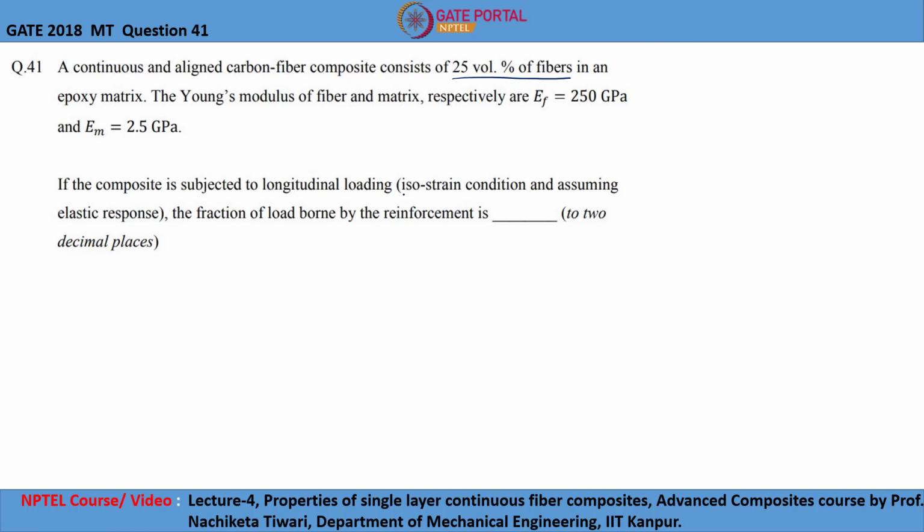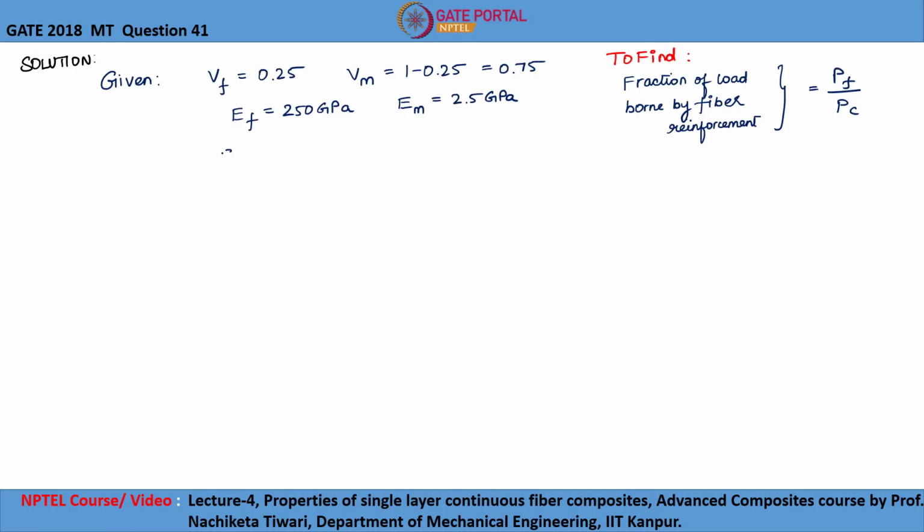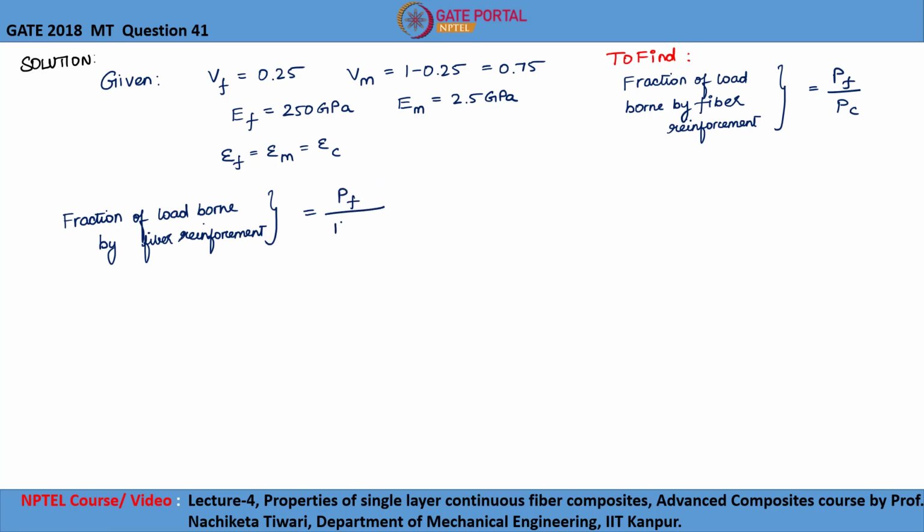Also it is provided isostrain condition, which means that the strain is uniform throughout. That is, the strain on the fiber will be equal to the strain on the matrix and the strain on the composite. So the fraction of load borne by the fiber reinforcement can be written as Pf by Pm plus Pf, where Pf is the load given to the fiber and Pm is the load given to the matrix.